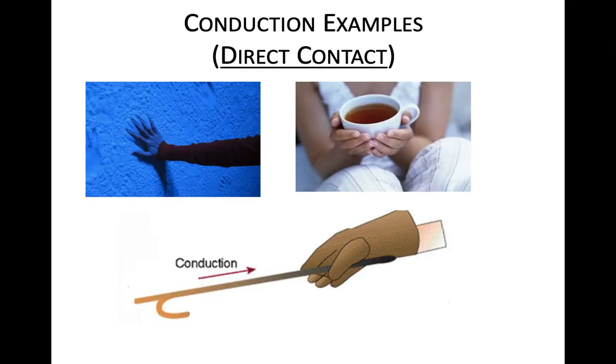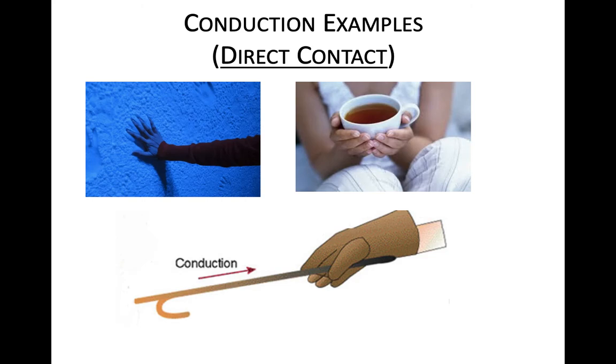We also have some other examples of conduction. So you can make direct contact with something that's cold, like your hand to snow. Through that direct contact, you will feel a loss of thermal energy from your hand to the snow, which will be a loss of energy for you and will create a phase change in the snow of melting.